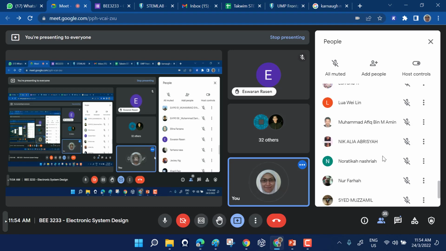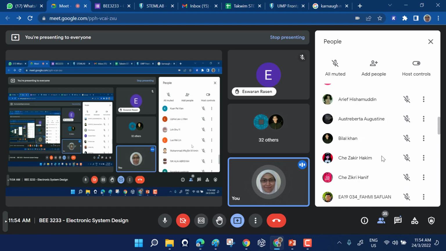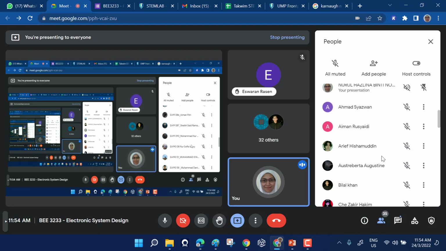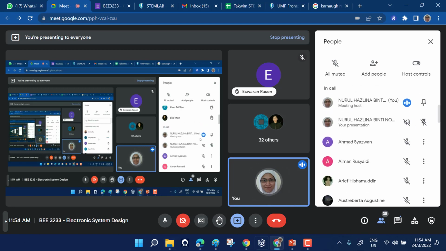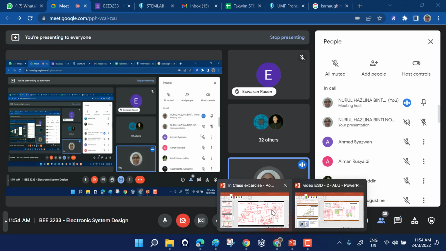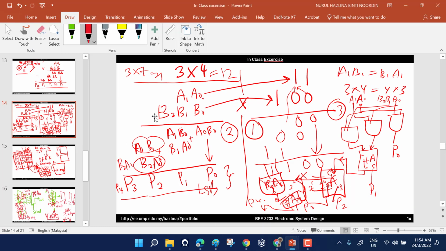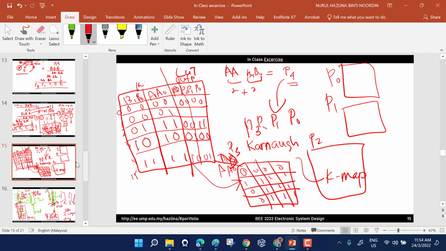Okay, it's okay. If you don't understand, it's fine. If you understand, you raise your hand. If you don't understand, it means I need to explain this more. Number 2, can you put your hands down? Raise your hand up if you are okay with the second execution, implementing the circuit using gates, using Karnaugh map.